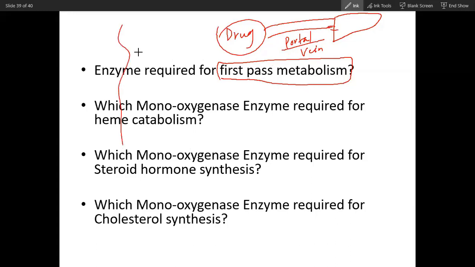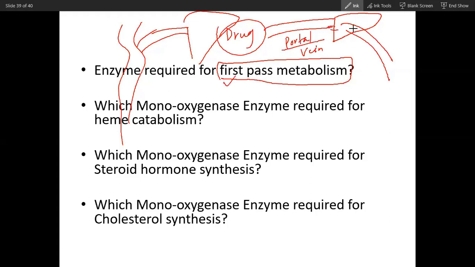Yes, drug, all the blood from GIT will reach first the liver through portal vein. And in liver this drug will be metabolized. Then from liver, the rest of the drug will be released. That is why this is called first pass.